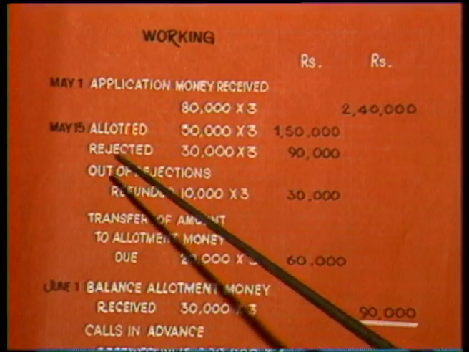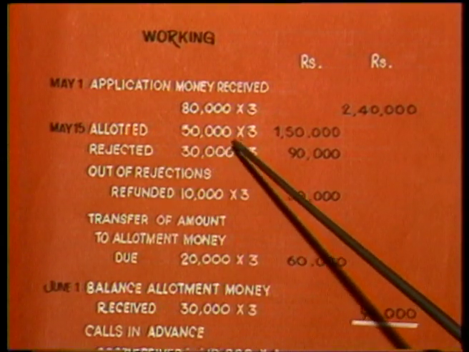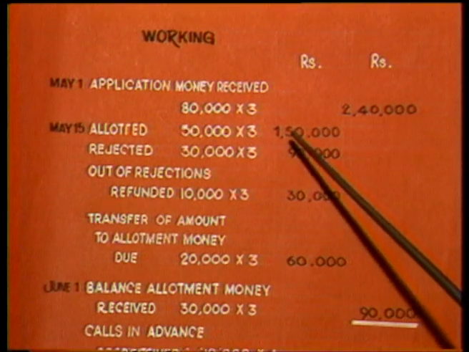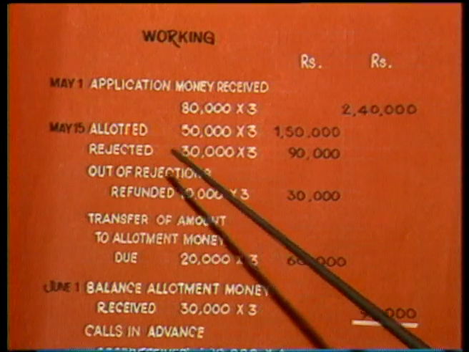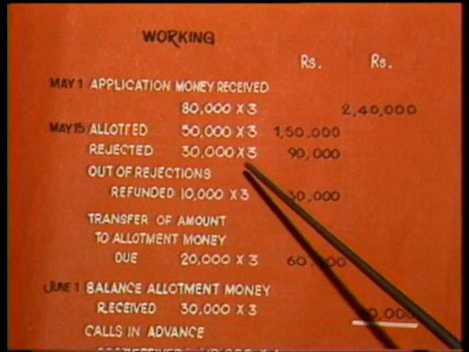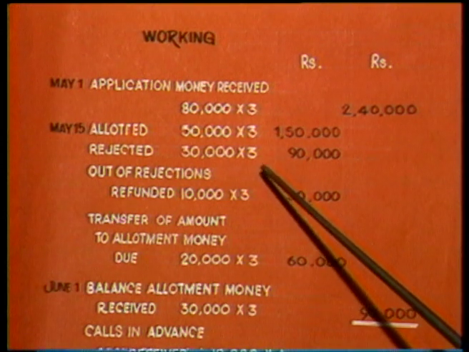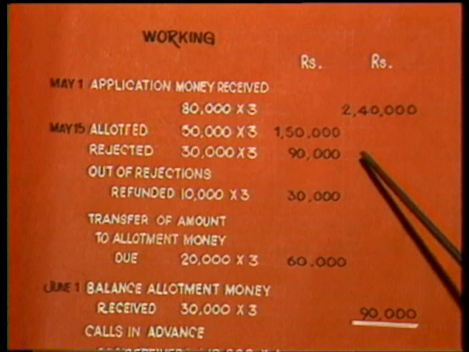As on May 15th, allotments made were for 50,000 shares at 3 rupees per share, rupees 1,50,000, and rejections were 30,000 shares on which we received application money of 3 rupees per share, totaling to 90,000 rupees.